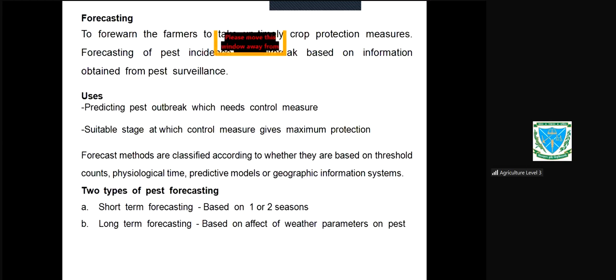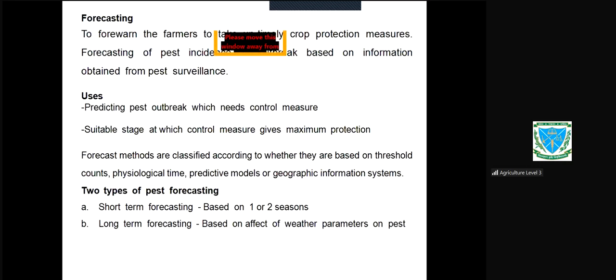Physiological time means the period of time by which the pest grows to become adult. The time which is essential to become adult is called physiological time. Predictive models means we can prepare some models, and based on these models we can forecast to the farmers. Or geographical information system, or GIS, we can use. By GIS we can also forecast.